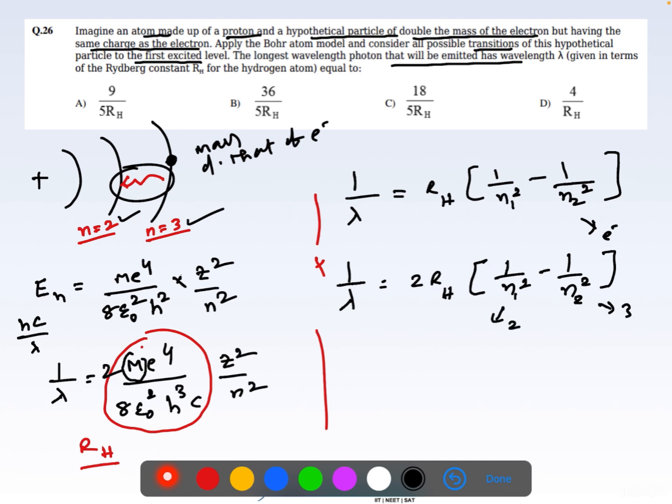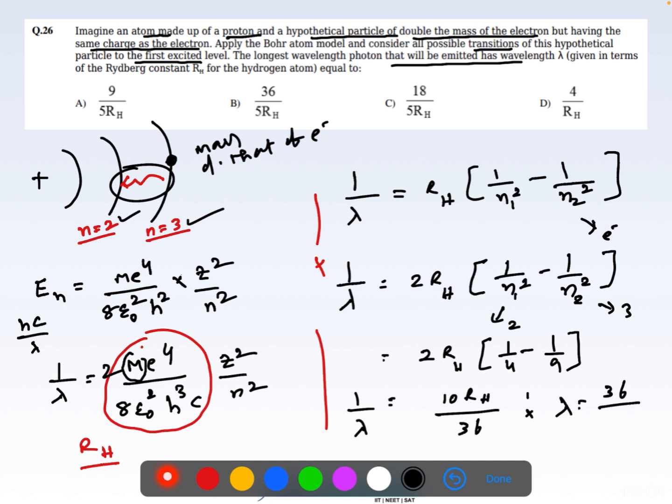Substituting, 1 by lambda is equal to 2RH into 1 by 4 minus 1 by 9, which is equal to 10RH divided by 36. Finally, lambda will be equal to 36 divided by 10RH, which is 18 divided by 5RH. So the correct option will be option C.